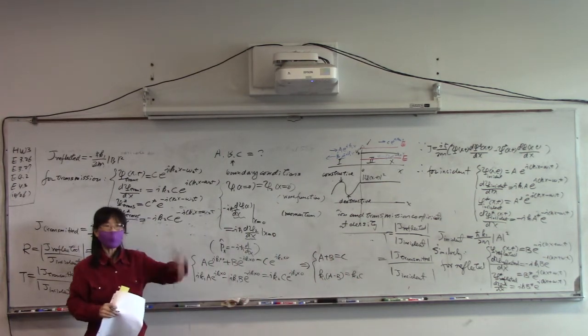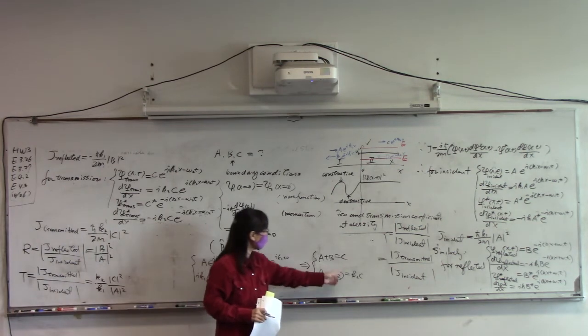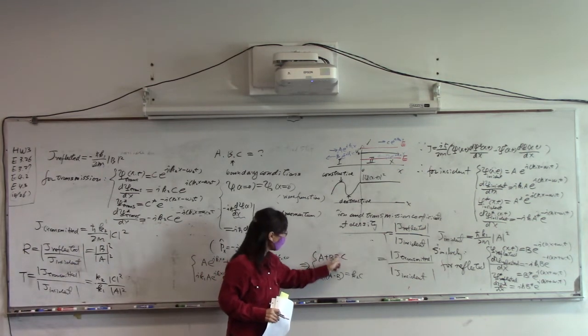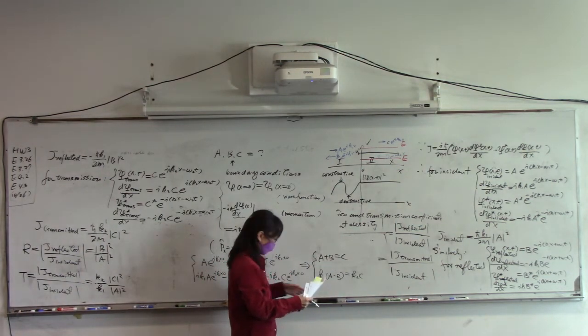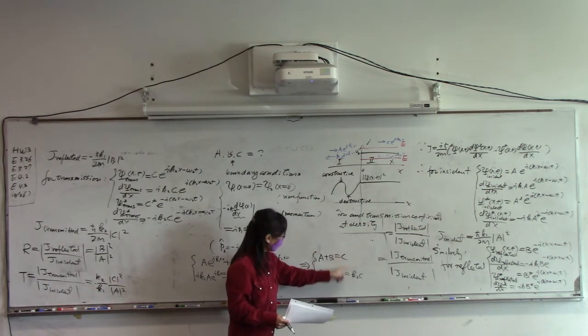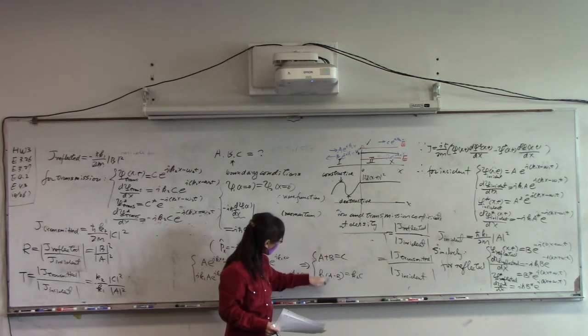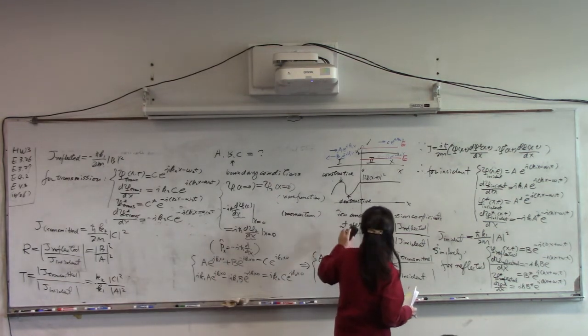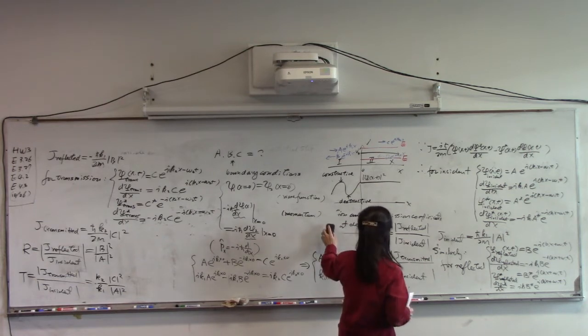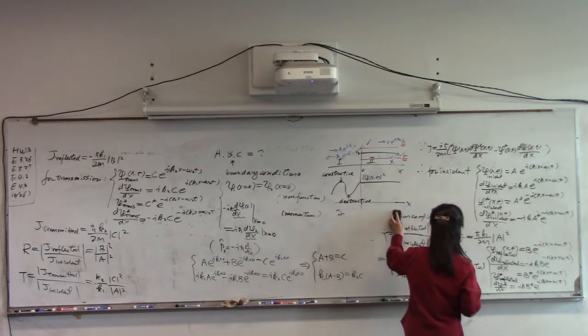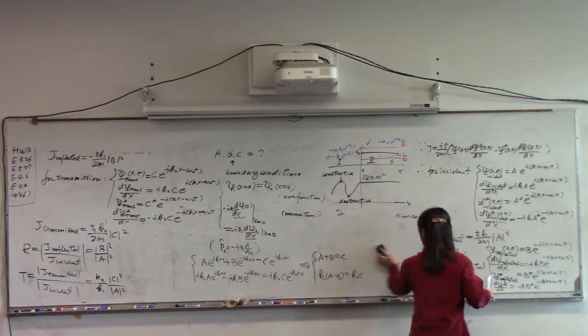The remaining part is algebra. For example, you multiply k2 on both sides, then subtract each other, so this term is 0 and this one disappears, leaving b.